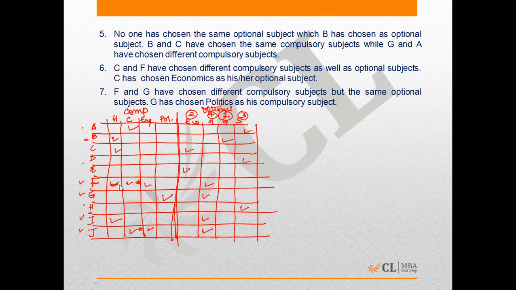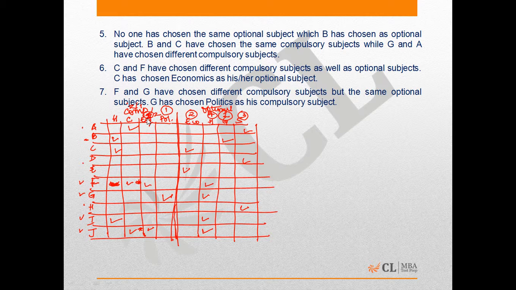Now about D and H we cannot actually conclude, because one is going to be one subject, the other another. So politics is chosen by 1, English so far by 2, chemistry so far by 1, English by 2, or chemistry by 2 and English by 1.